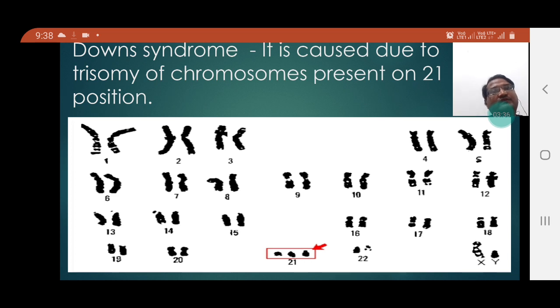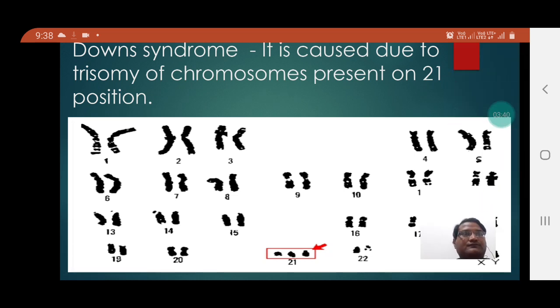And students, this one extra chromosome is called trisomy. So students, Down syndrome is generally caused by one extra chromosome present on the 21st position of the chromosome, that is of autosomes.